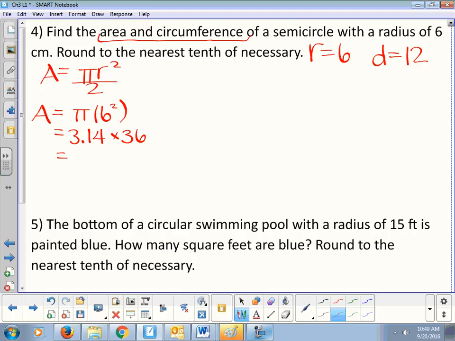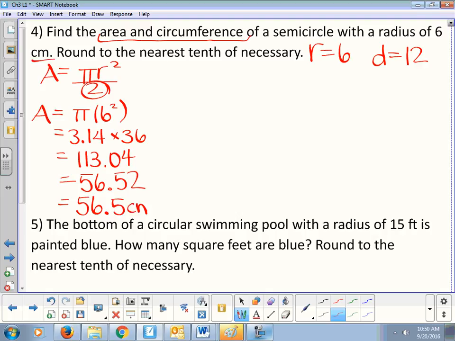And what do we get? 113.04. And since we're finding half of it, our last step would be to divide by 2. And we get 56.52, which we know is going to round to 56.5. Our unit is centimeters, and it's centimeters squared for area.